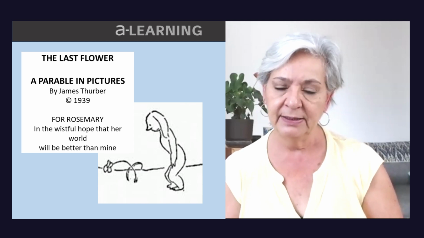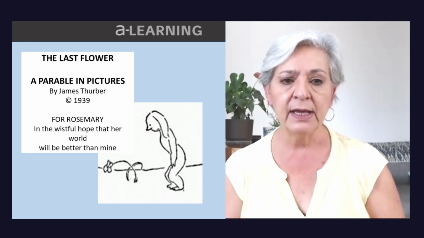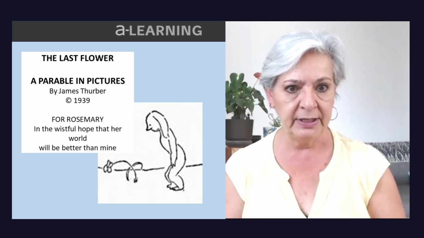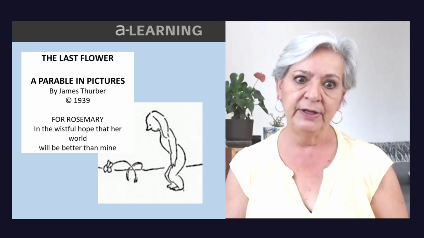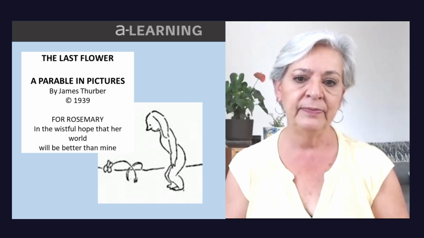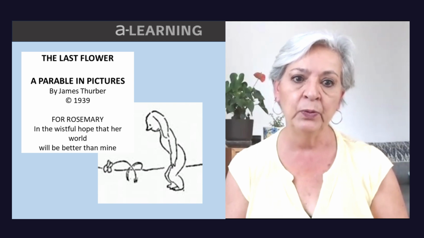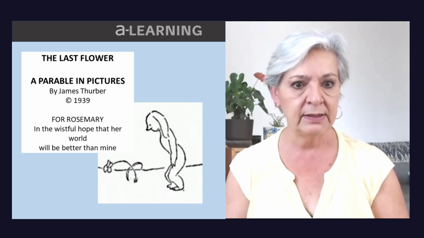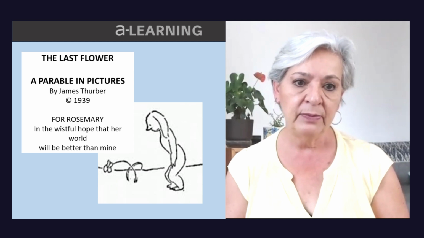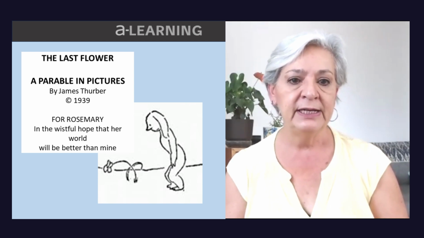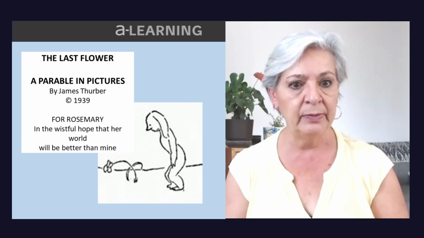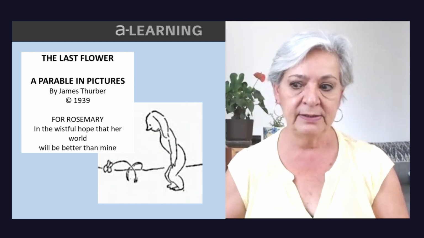Check the date, 1939. What was happening in the world in 1939? If you thought, or if you knew, yes, it was the beginning of World War II. So it was a terrible moment for the world, and that's why James Thurber dedicated this parable to his daughter.